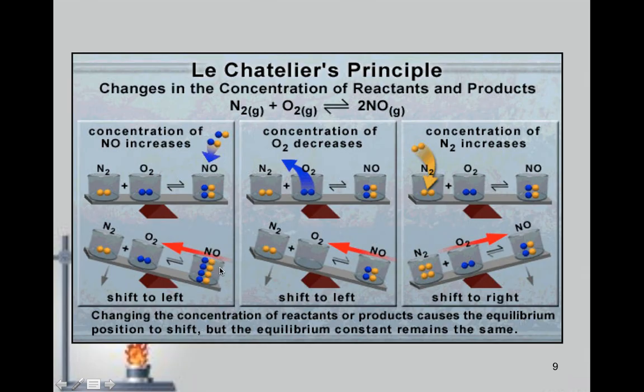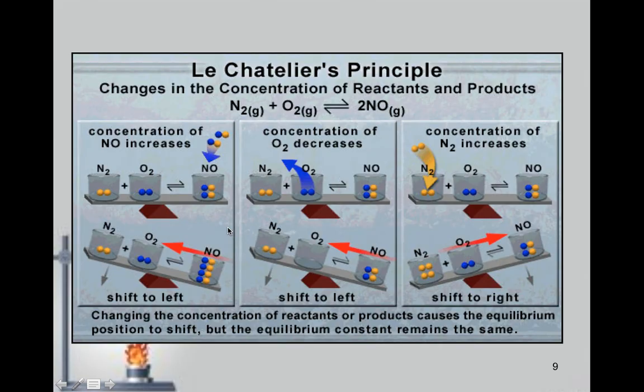Okay, so the reaction shifts to the left, which means we're going to make more reactants. So the concentration of nitrous oxide is going to go down, the concentration of oxygen will go up, and the concentration of nitrogen will go up. Okay, so that's what it means if we're shifting to the left.